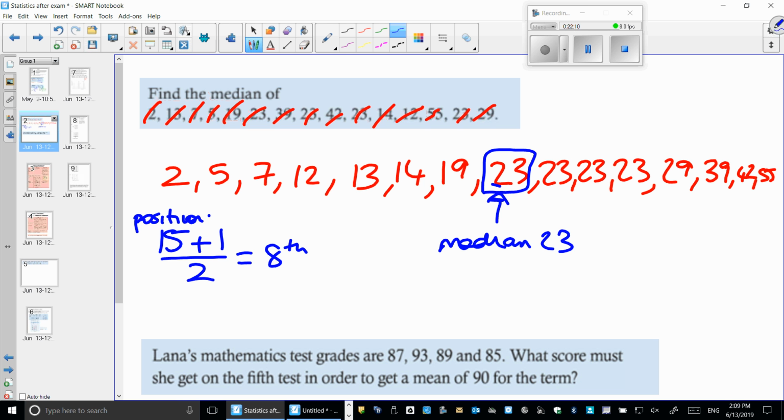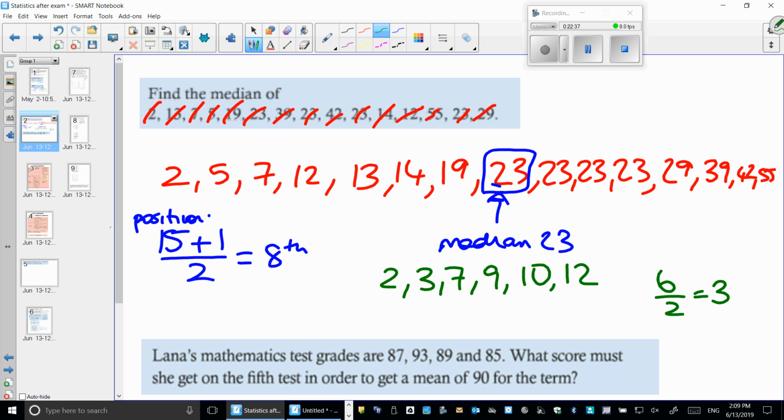Now, if there was an even number of data to start with, this is a different kind of question. So let's say it's 2, 3, 7, 9, 10, 12. Those are my data values. I'm trying to find the median here. If I've got an even number of data, you just divide that by 2. I've got 6 pieces of data, so half of that is 3.